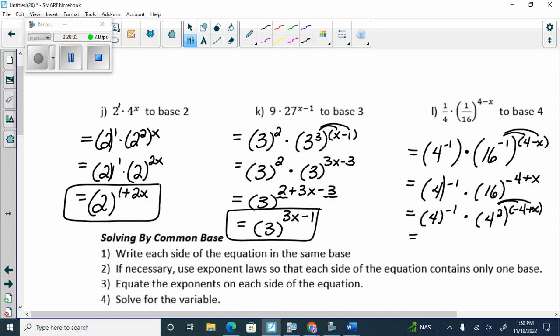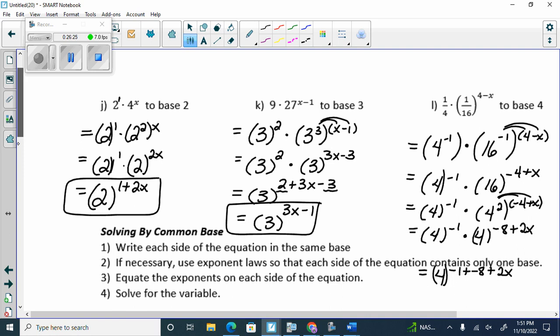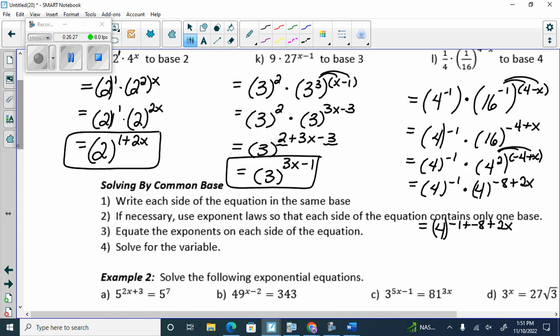So we get 4 to the negative 1 times 4 to the negative 8 plus 2x. And now we have the same base, so we can put them together. And we get 4 to the negative 1 plus negative 8 plus 2x, which is 4 to the negative 9 plus 2x.